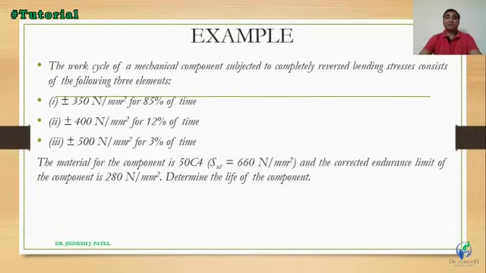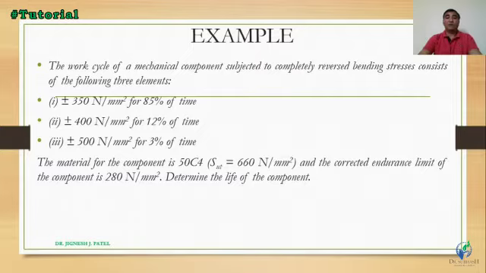The material for the component is 50C4, in which ultimate stress is 660 Newton per mm square, and the corrected endurance limit of the component is 280 Newton per mm square. Determine the life of the component.